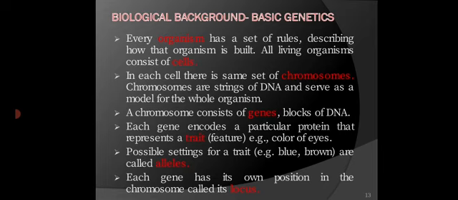A chromosome consists of genes. Each gene encodes a particular protein that represents a trait or a feature. Possible settings for a trait are called alleles. Each gene has its own position in the chromosome called its locus.